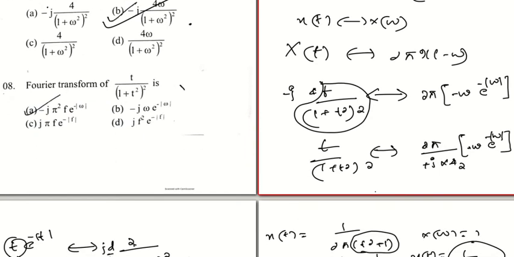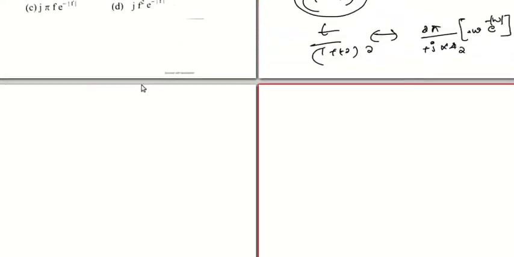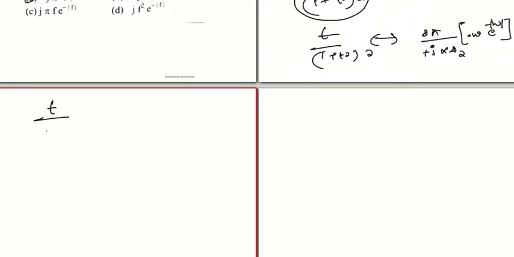Okay, I'll just take another paper. So it will be equal to t divided by 1 plus t square the whole square equal to 2 pi divided by j into 4, right?